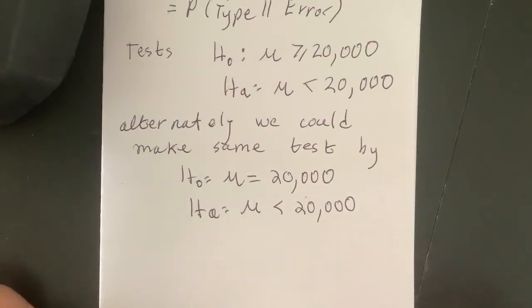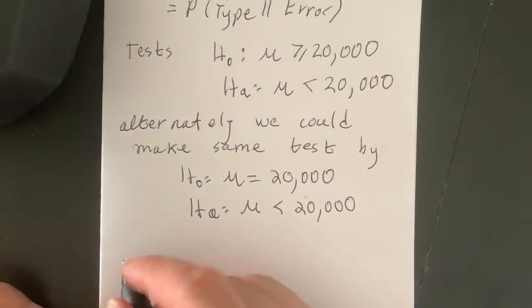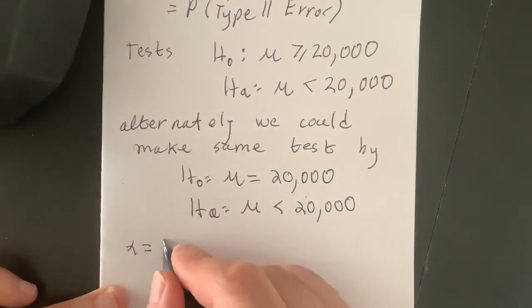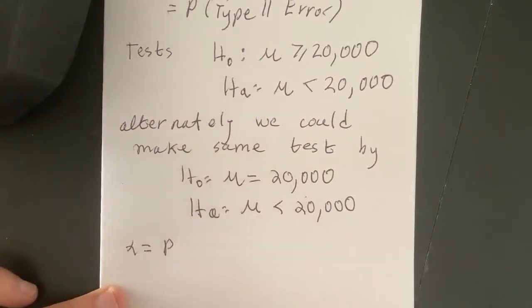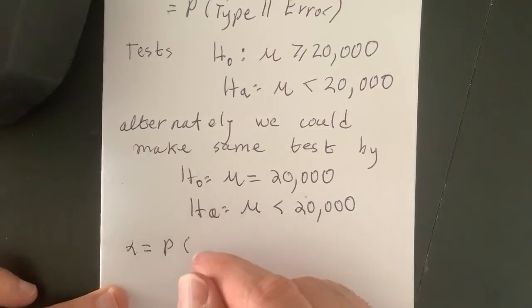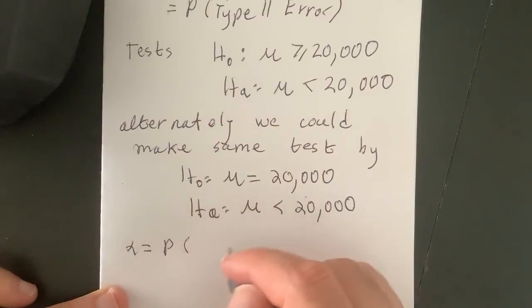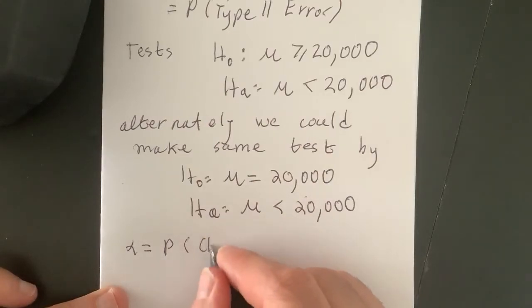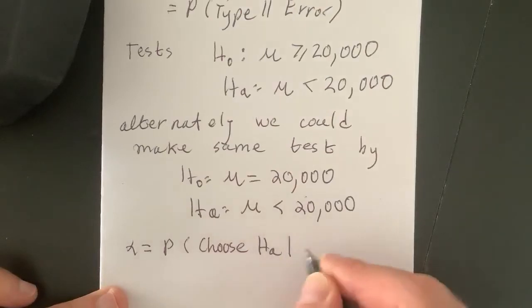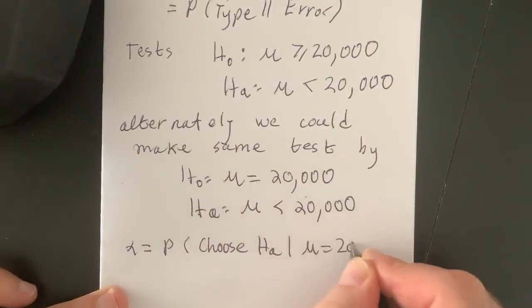Okay, so then with the definition of alpha, alpha is equal to the probability of type 1 error in this test, which is just the probability that the test chooses HA given mu equals 20,000.